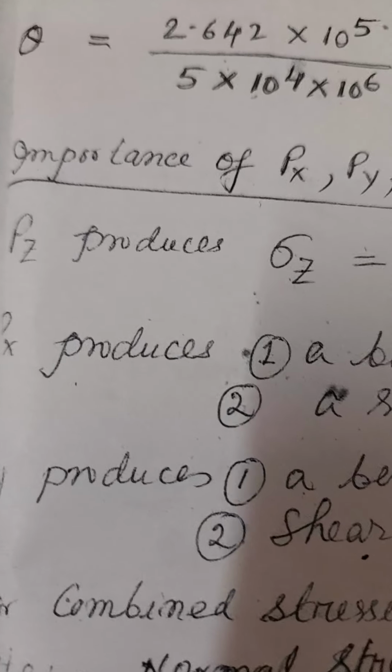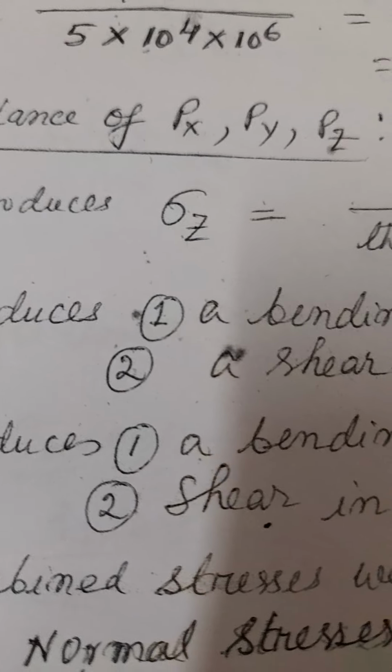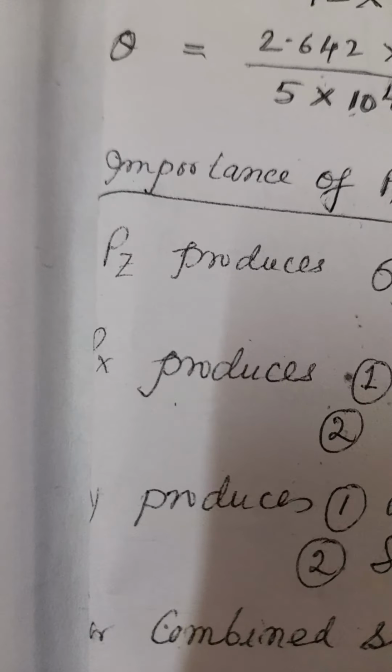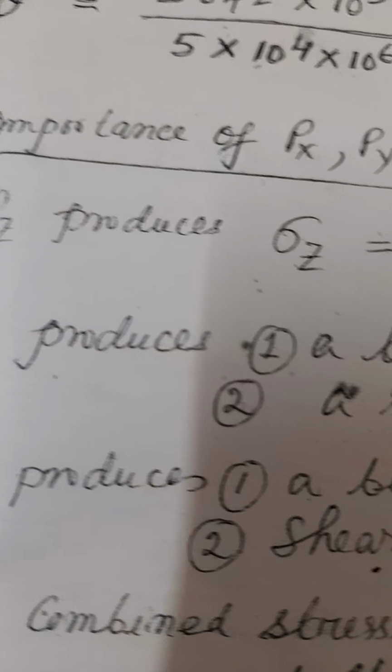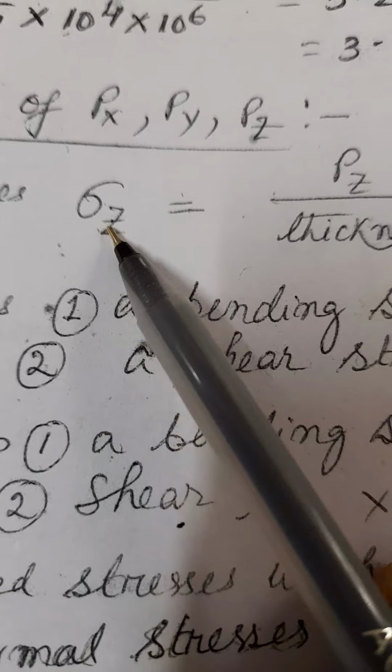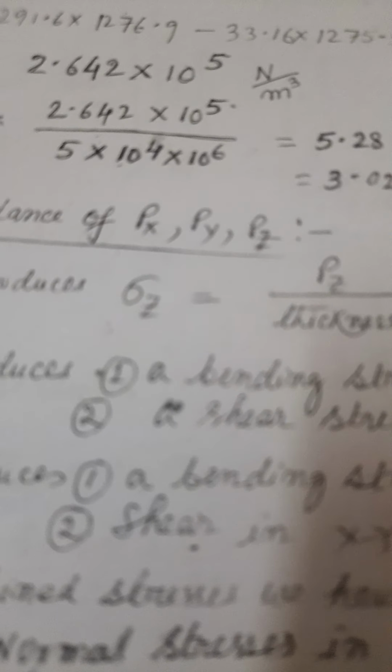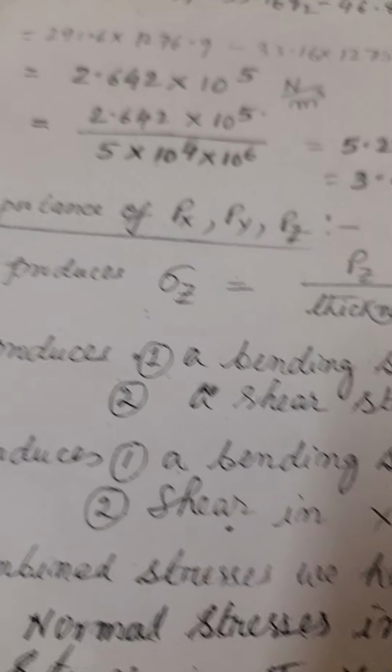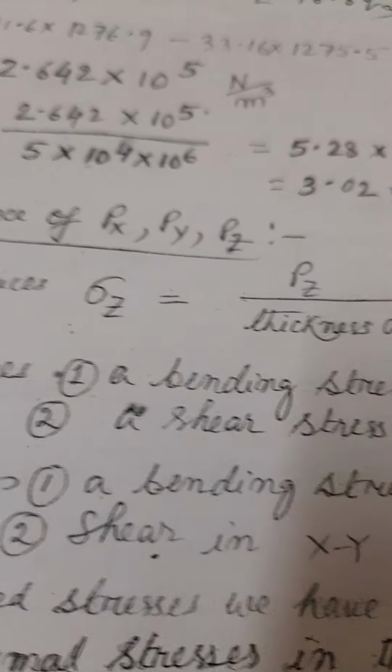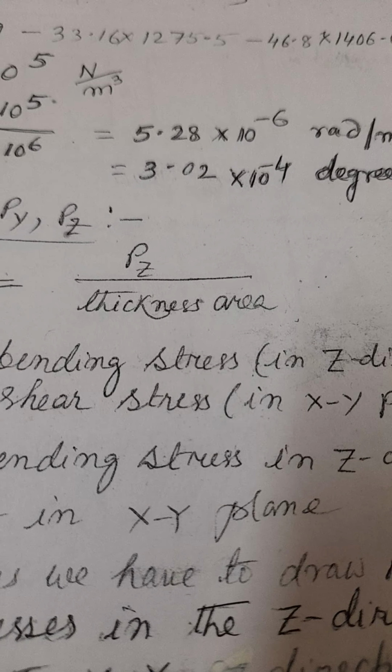So now the importance of Px, Py, Pz is that Pz produces the stress in the z direction, direct stress, sigma z is equal to Pz by thickness area.